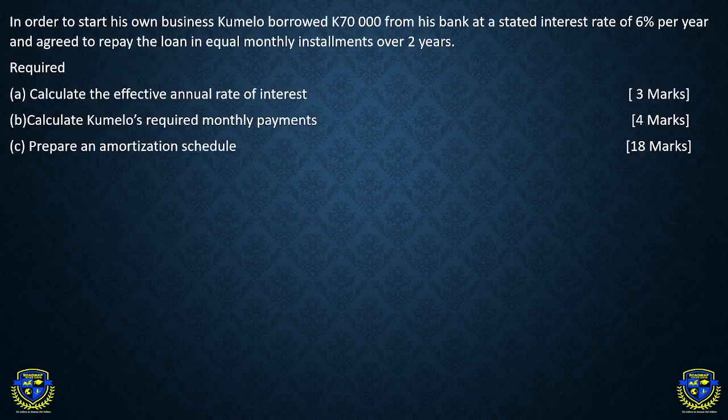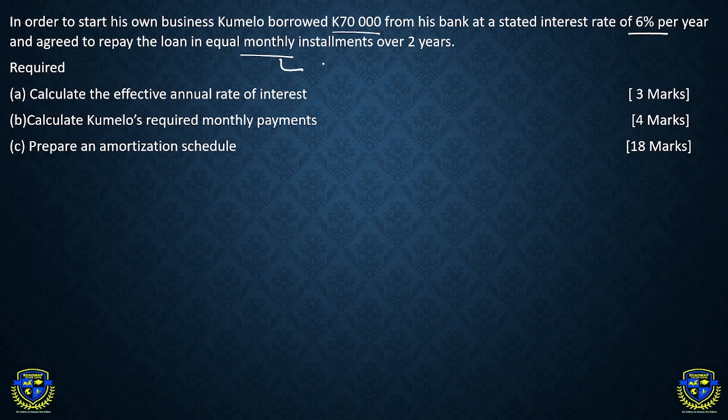The question reads: in order to start his own business, Kumero borrowed 70,000 from his bank at a stated interest rate of 6% per annum and agreed to repay the loan in equal monthly installments over 2 years. So there's a monthly component there.